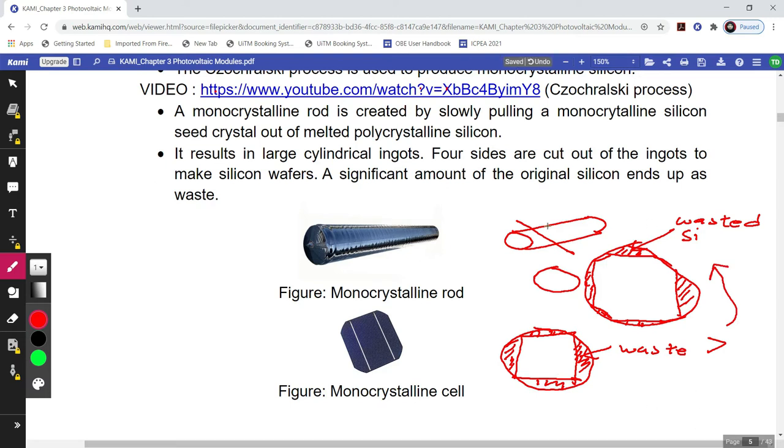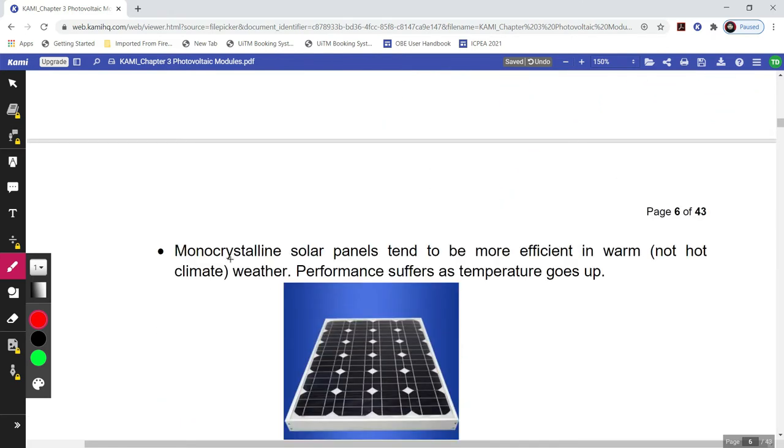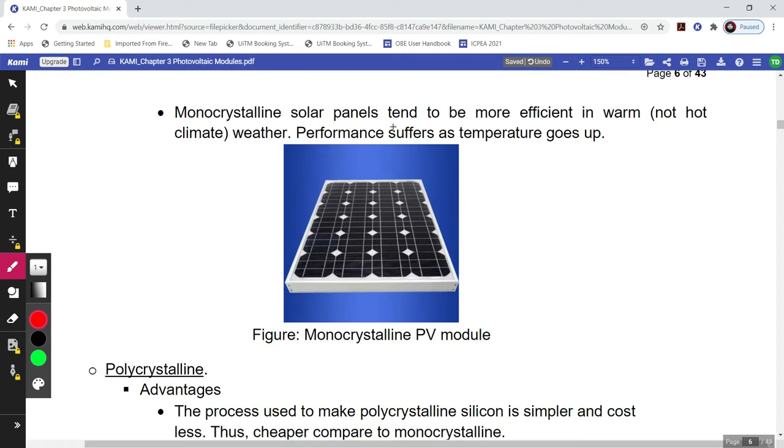Okay, we continue. So monocrystalline solar panel tend to be more efficient in warm. It's a warm, not a hot climate. For the hot climate, the suitable one is the thin film. But the performance suffer as the temperature goes up.